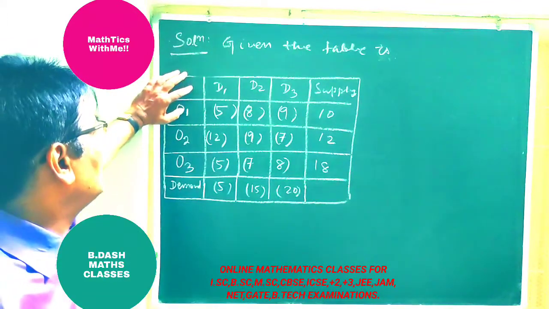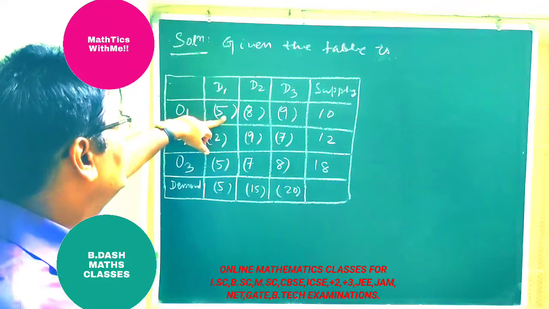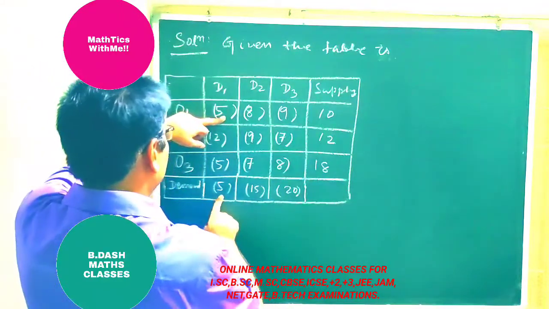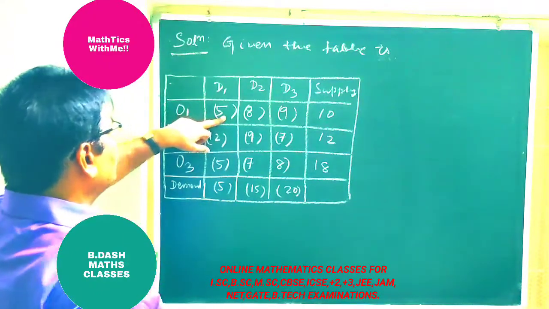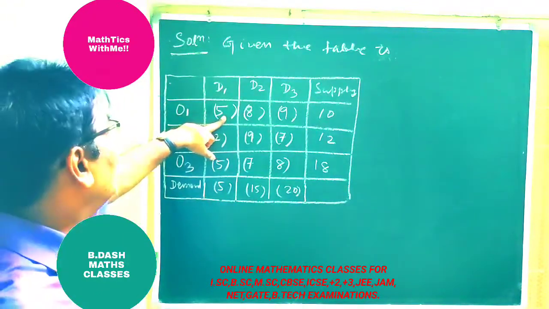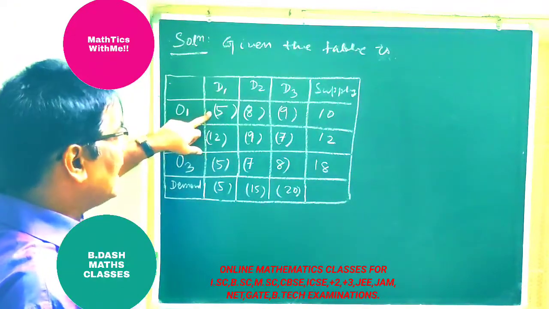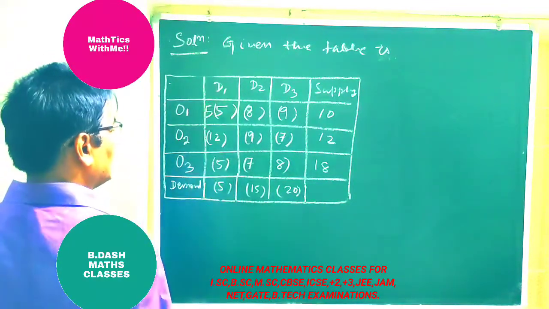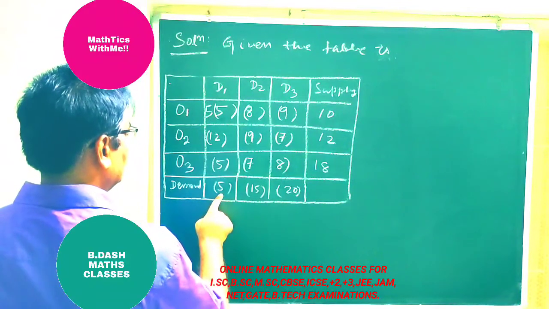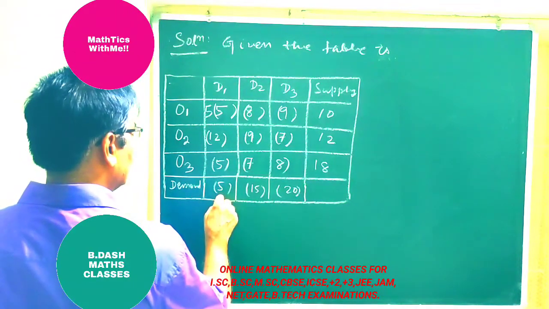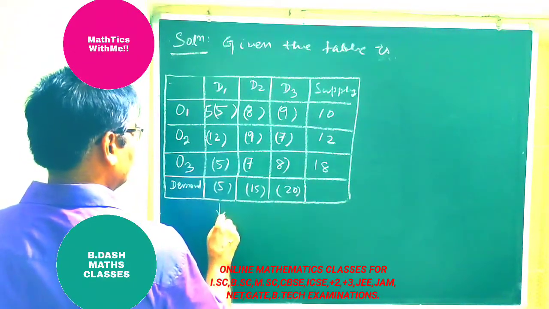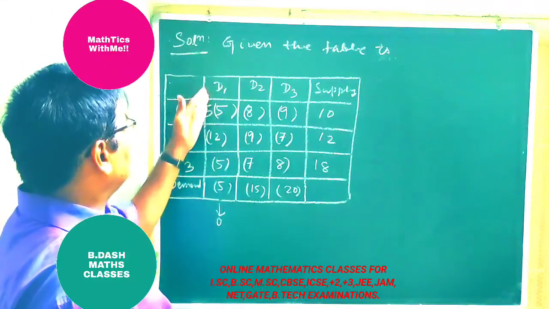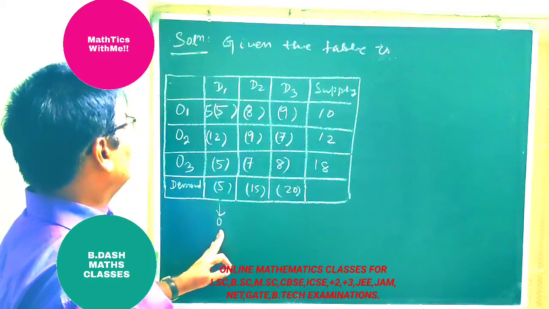In cell 1 1, the cost is 5 units. Supply is 10, demand is 5. So the maximum amount that can be allocated in cell 1 1 is 5. So here we can allocate 5. Then this 5 will be completely allocated, so this column is now exhausted.